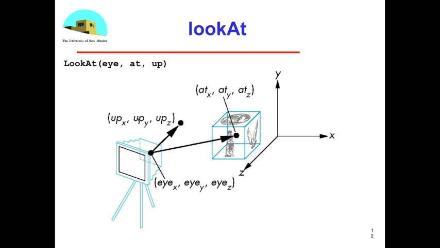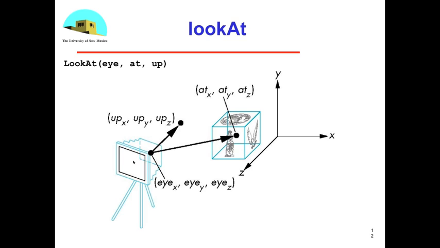If I give you an up direction as an X, Y, and Z, then the up direction that I'm actually going to use is the projection of this vector, up X, up Y, up Z, at the eye point back onto the film plane, and that will give me the up direction. That's built into the function that we're going to give you.